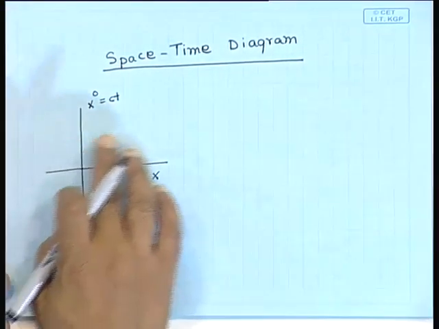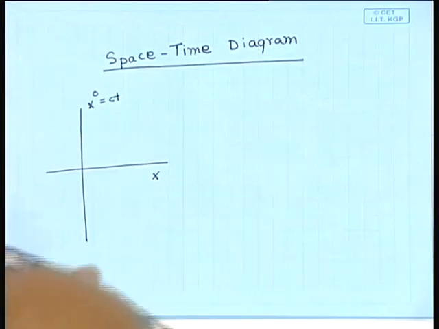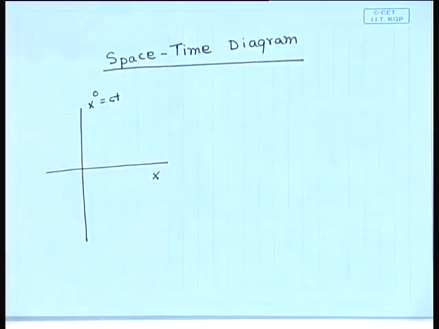So different points on this diagram correspond to different events. So let us now consider various possibilities on this space-time diagram. There is an observer at rest.